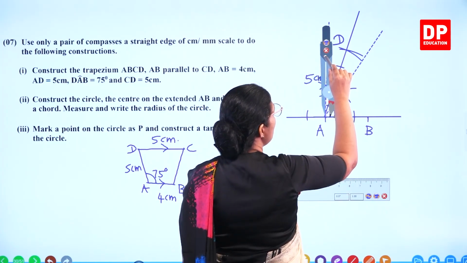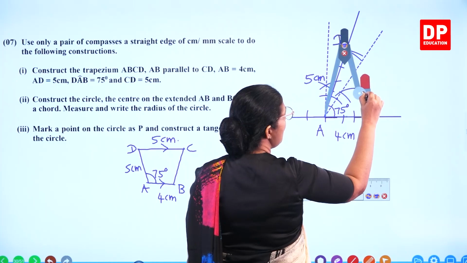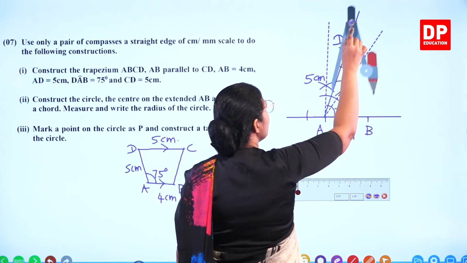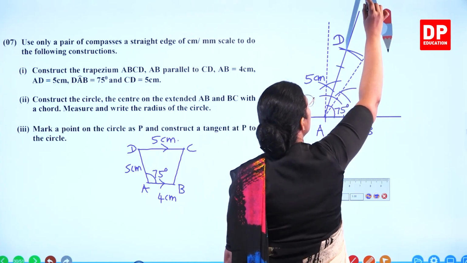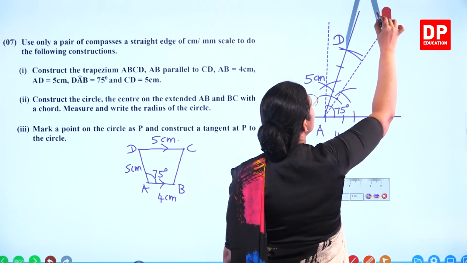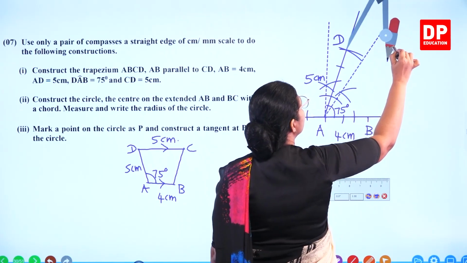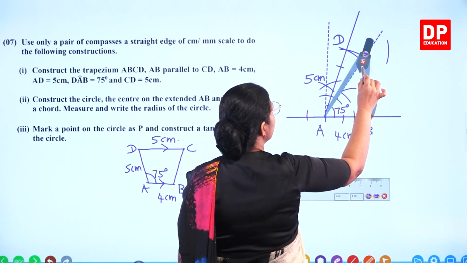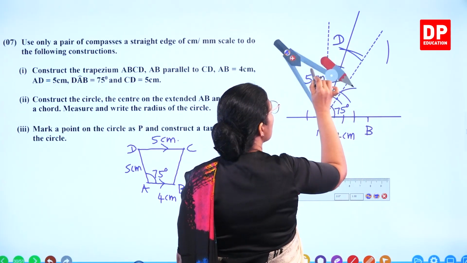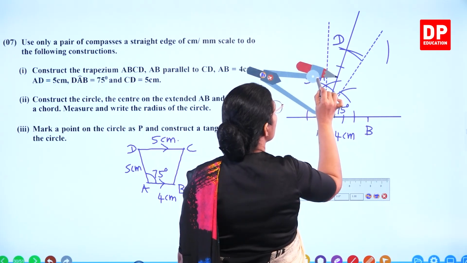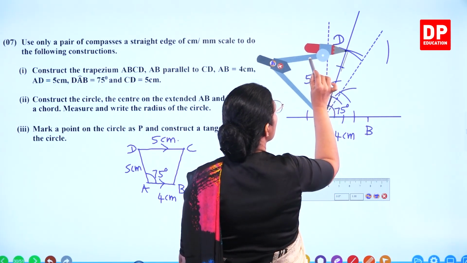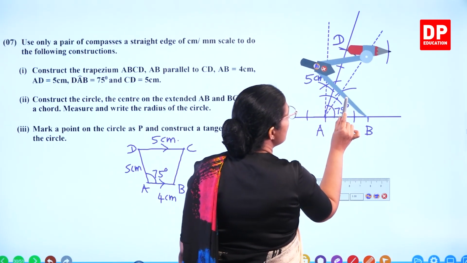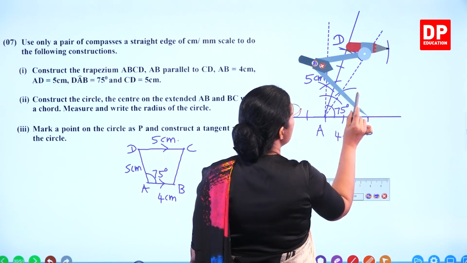So what we can do, you can take the same distance as AB from D. You keep it here and you can mark the arc somewhere here. And now we can measure A to D. A to D, and the distance from B to that point should be the same.